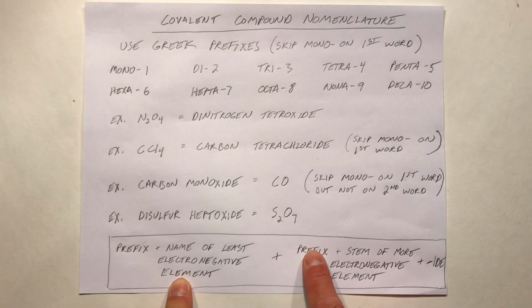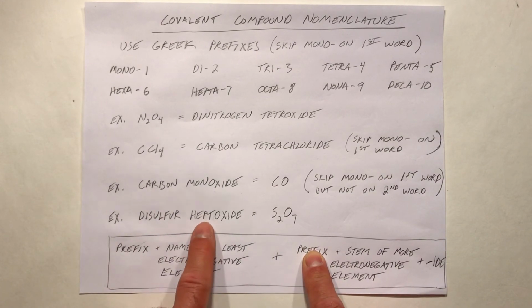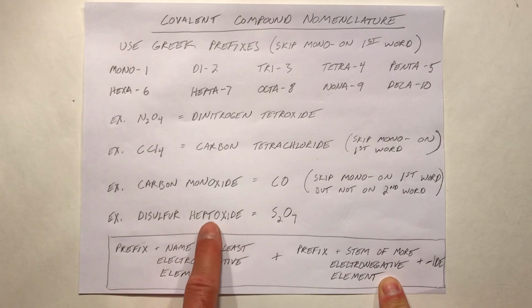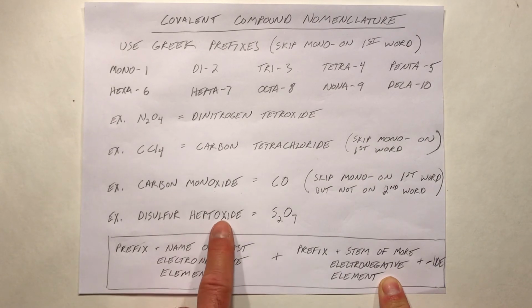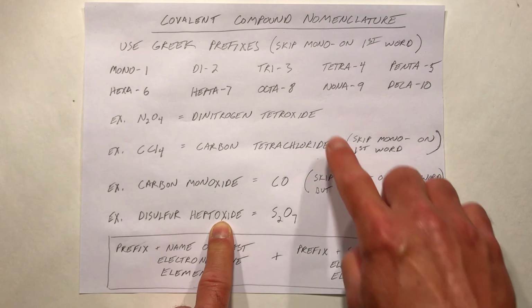Then we put the prefix for the other element. So here we have di, sulfur, and then hept is the prefix for the other element. We put the stem of that more electronegative element. Oxygen is farther up and to the right on the periodic table. The stem of oxygen is ox, and then we just change that suffix to ide. Notice we did that all along here for that second word.